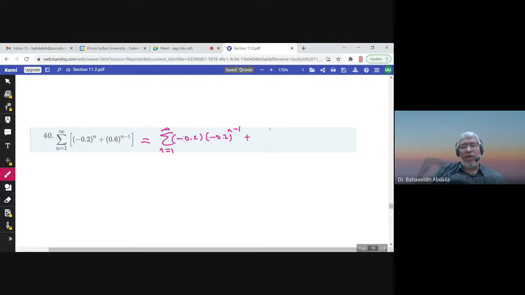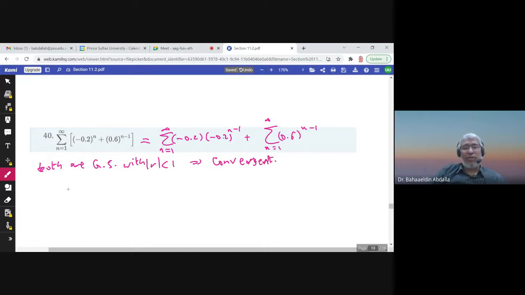And the other one is 0.6 to the power n minus 1. So both are geometric series with absolute value of r less than 1, so they are convergent. And the sum of two convergent series is convergent.